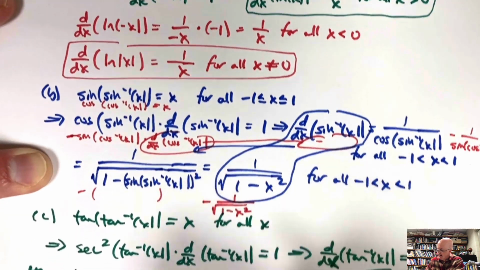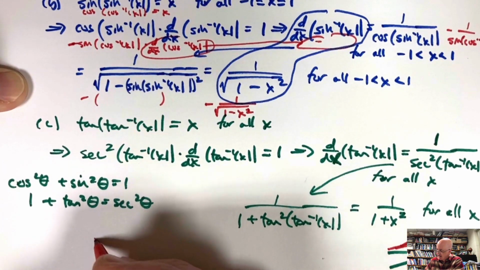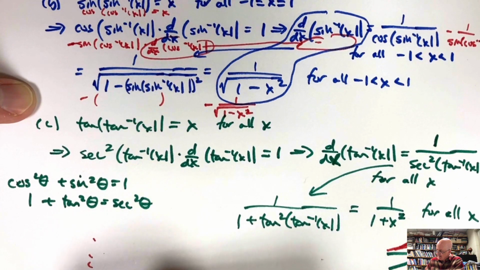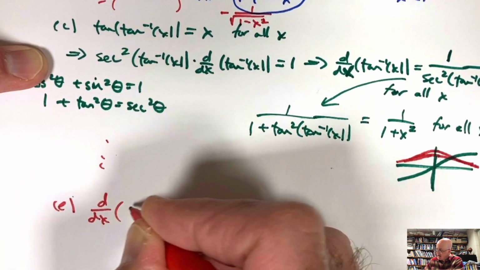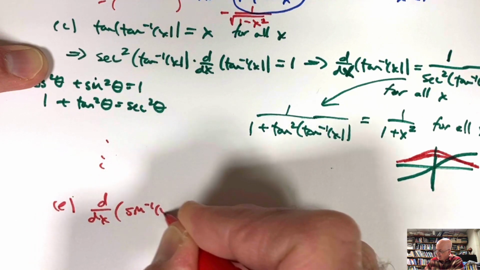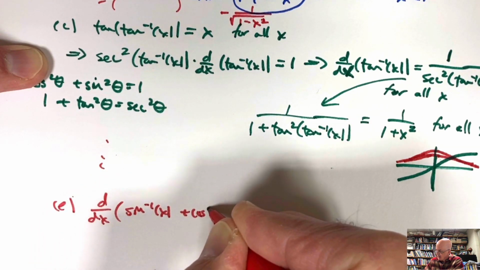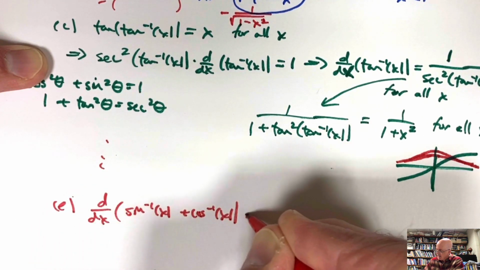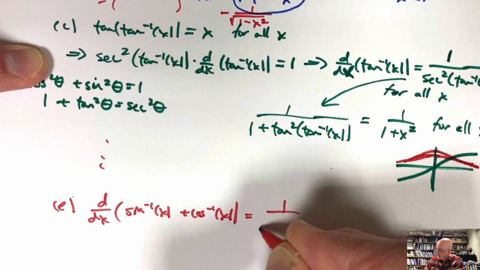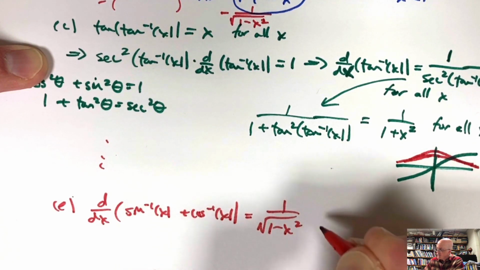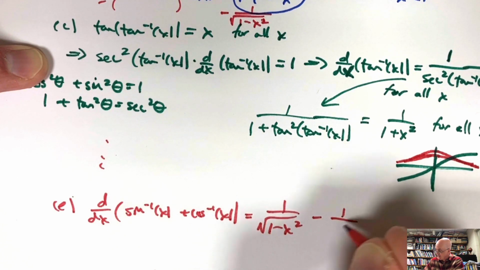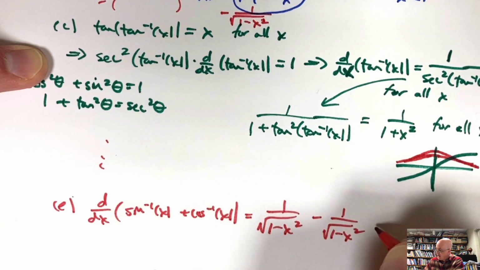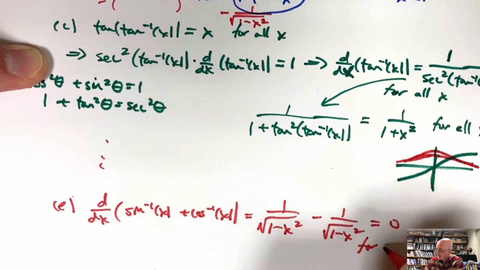So if we differentiated the sum of inverse sine and inverse cosine, we would get 1 over square root of 1 minus x squared plus negative 1 over square root of 1 minus x squared. In other words, 0 for all x.